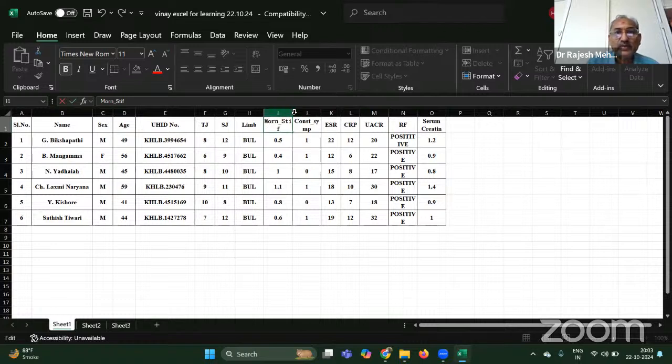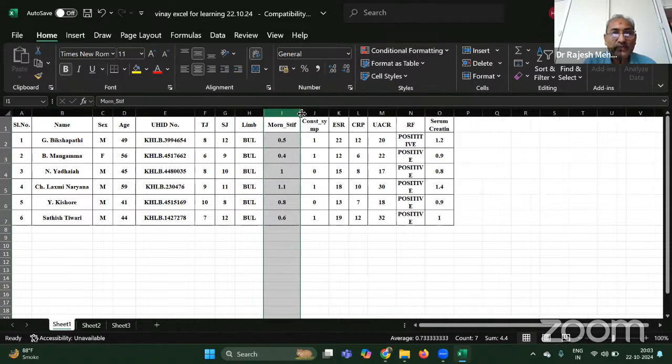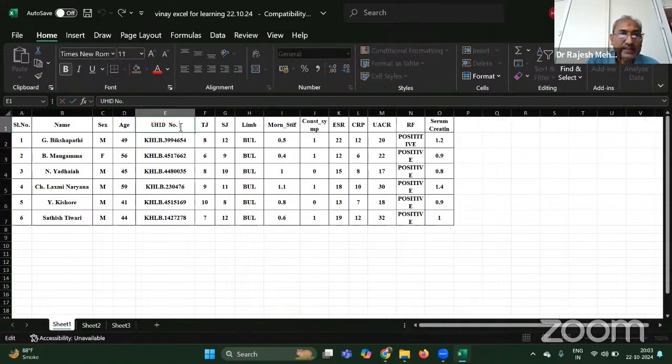That should be sufficient to understand that this is morning stiffness. So it will be useful in analysis. It will be easier to analyse. And the last is serum creatinine level.